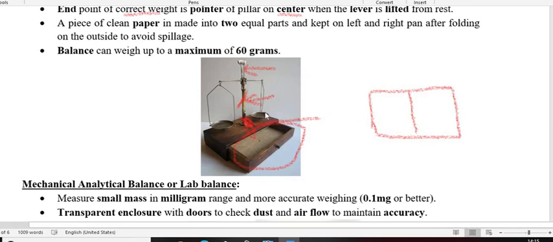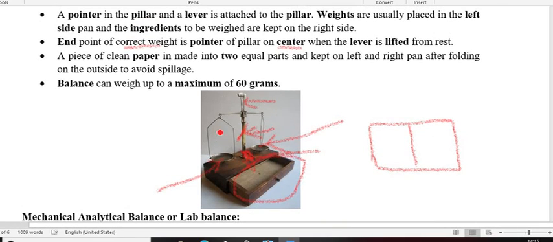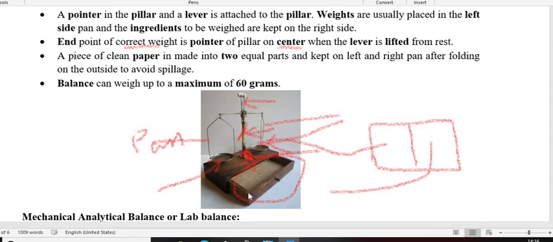The beam on the pillar is attached with two balances, one on each side, and on these two there are pans. On one pan you keep one half portion of the paper, and on the other pan you keep the other half portion.